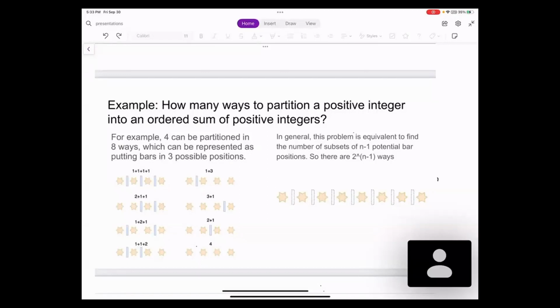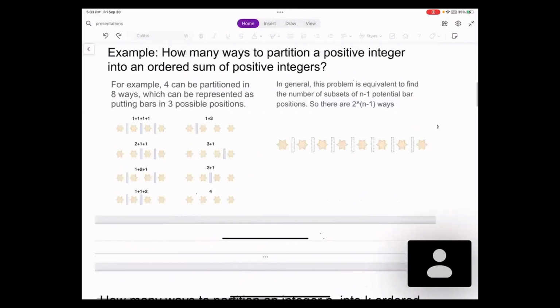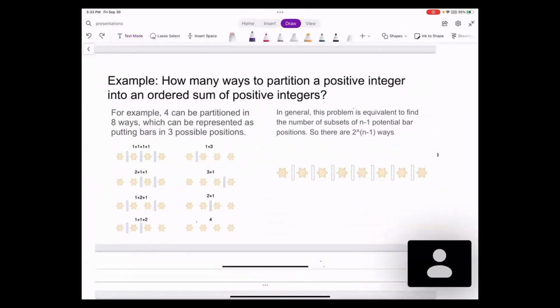So one thing that we can observe is we can represent this using stars and bars. Since we have 4 numbers, we can represent that with 4 stars, and we can partition them by placing bars in between the numbers. For example, if we place bars in between all 4 of them, then we get a partition of 1 plus 1 plus 1 plus 1.